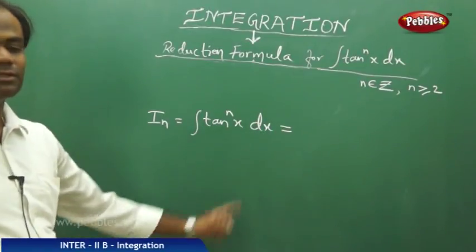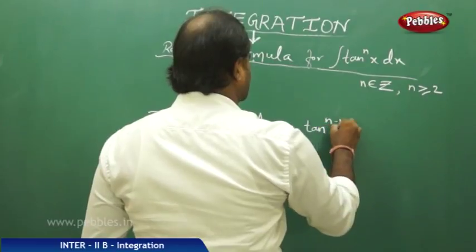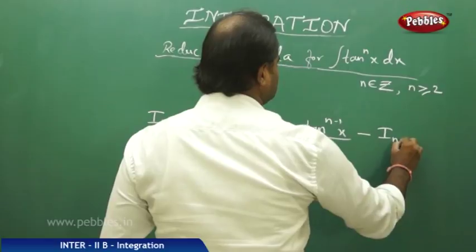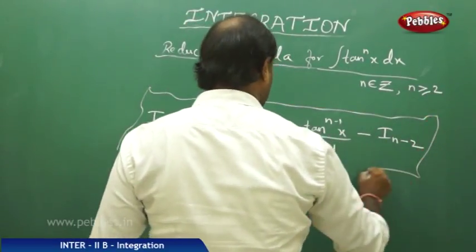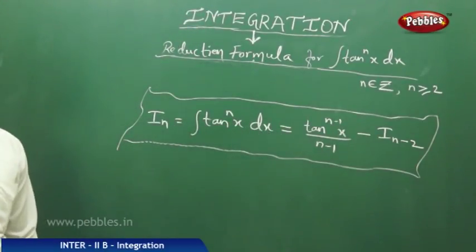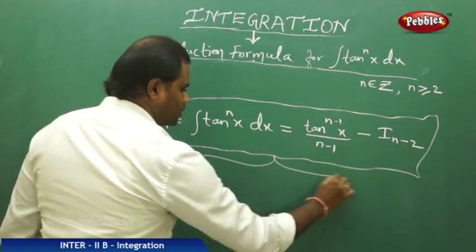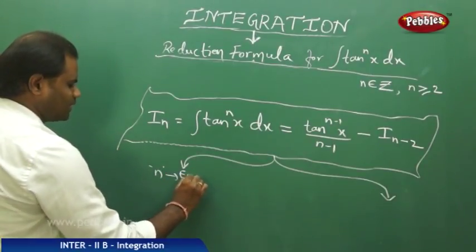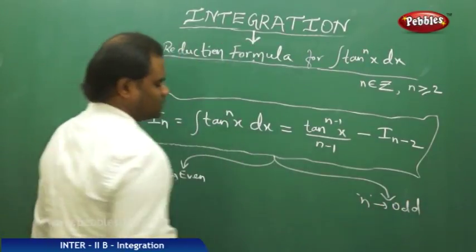This reduces to the form tan power n minus 1 x by n minus 1 minus I n minus 2, where I have two cases for this, n even and n odd.